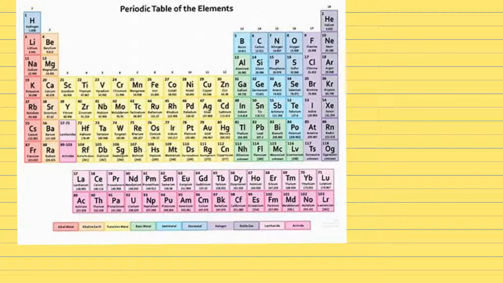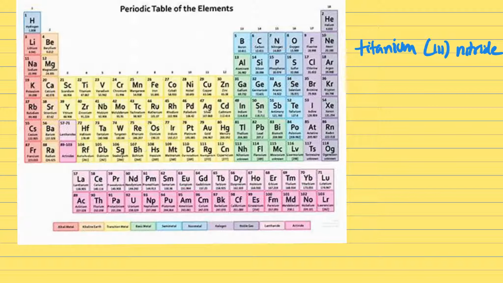Let's go through a couple of examples of writing chemical formulas from the names of a type 2 compound. For example, let's say we have titanium(III) nitride. Let's write the chemical formula. We need to know the charges of each of the ions.